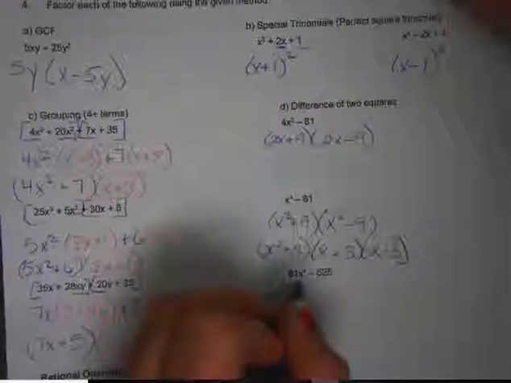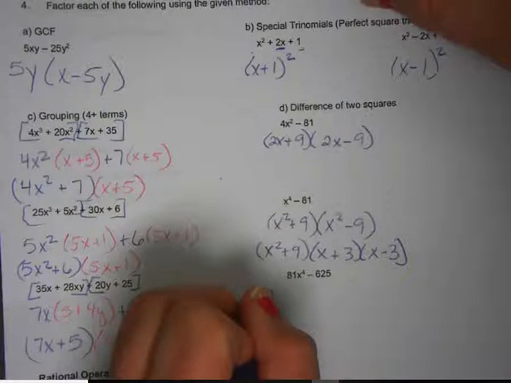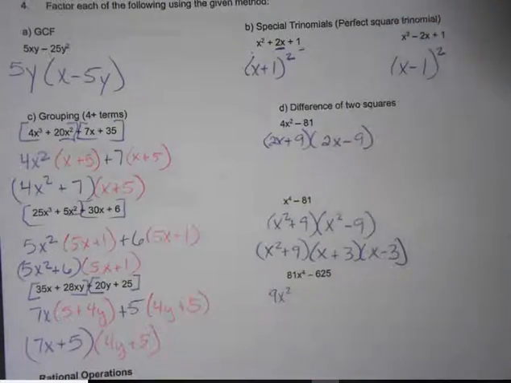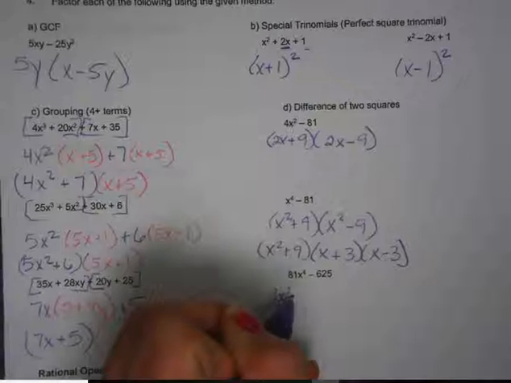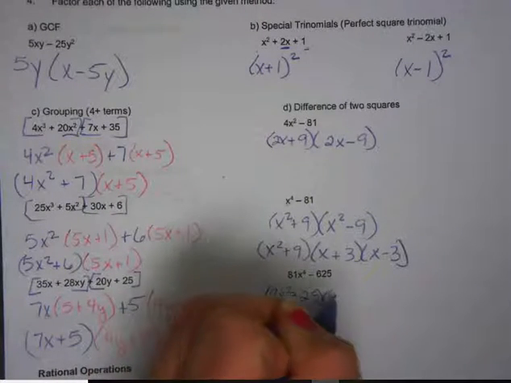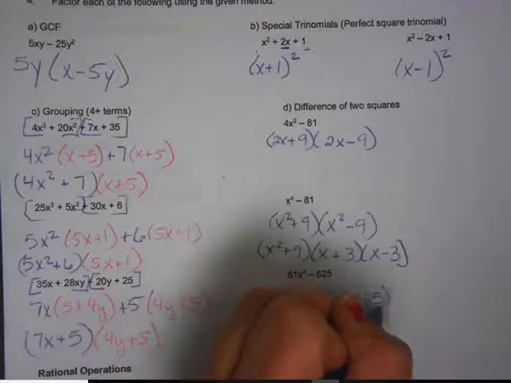Finally, we have 81x to the fourth minus 625. And so we're going to start with square root of the first, which is 9x squared. And then we're going to do the square root of the second, so plus 25. And then same thing, square root of the first, 9x squared, minus square root of the second, which is 25.